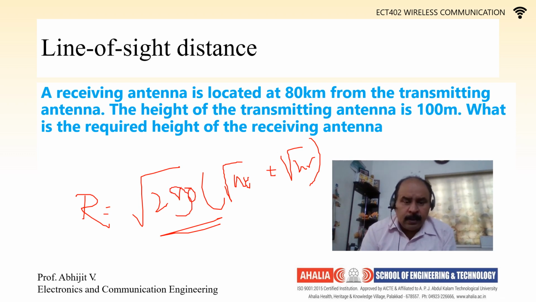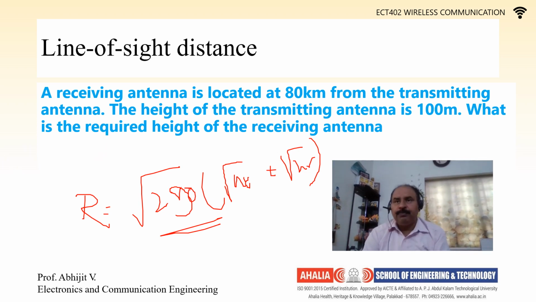R naught, the value is 6370 into 10 raised to 3, the radius of earth. This you have to know. You may be asked in the exam without these values, because last time it was asked without values.